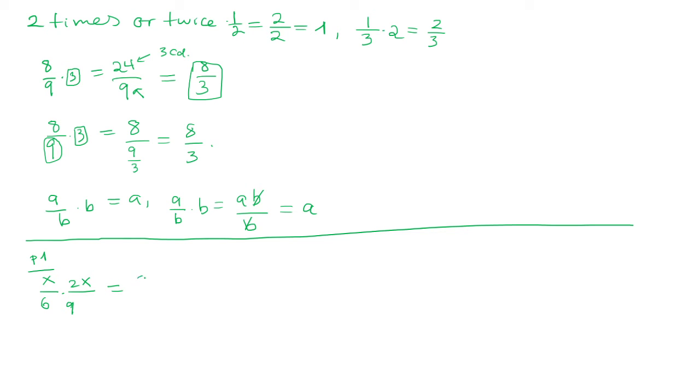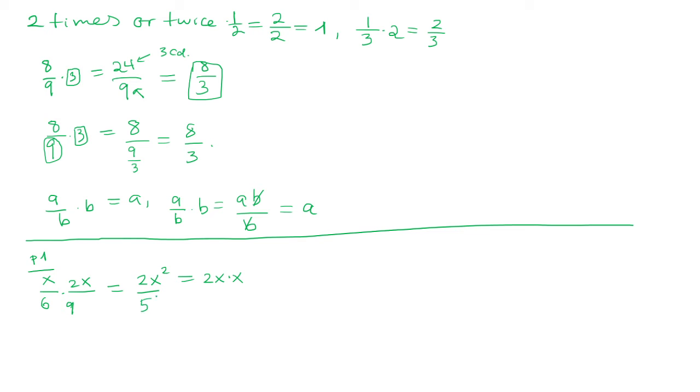So we end up with 2, and x multiplied by x is x squared. So we end up with x squared here, because that is equal to 2x multiplied by x. And for the denominator, we simply multiply the denominators, so that should be 54.